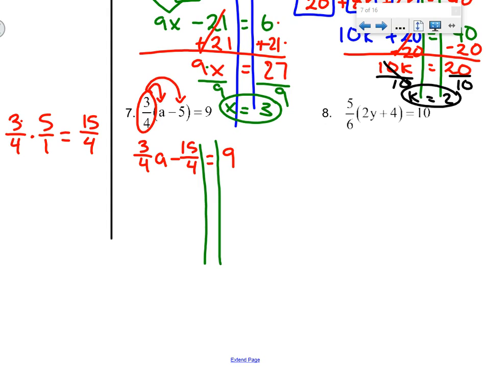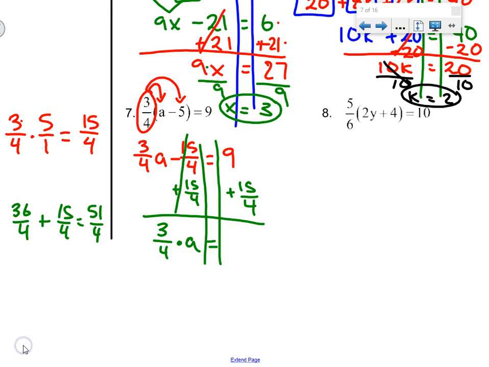Undo the minus 15 over 4 with plus 15 over 4 on both sides. We're left with 3 over 4 times a equals 51 over 4. On the last step, we just need to divide both sides by 3/4. The 3/4 are going to cancel out. We're going to be left with a on this side, but we need to figure out what a is.